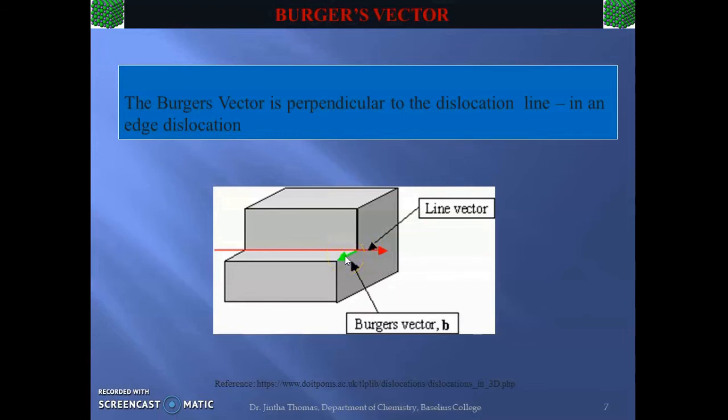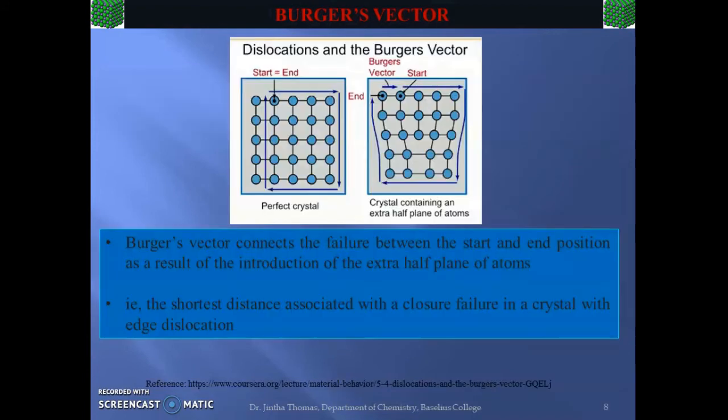That is, in the case of an edge dislocation, the Burger's vector is perpendicular to the dislocation line. The situation can be different in the case of other types of dislocations, like for example screw dislocation. Now, in order to have a clearer understanding, let us illustrate Burger's vector with some more examples.